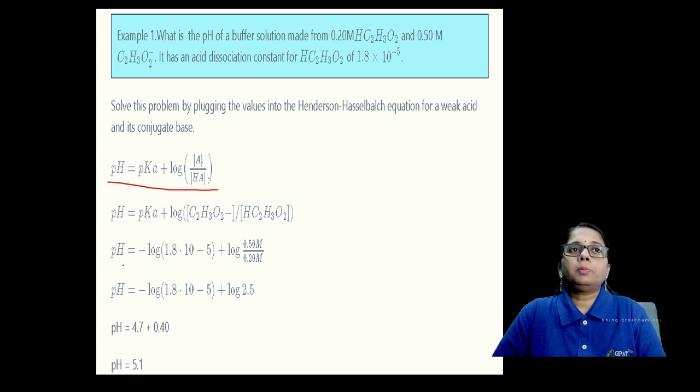So pKa equal to minus log of 1.8 into 10 to the power of minus 5, and it is substituted like this. After calculation with logarithmic tables and sorting out, you are going to get the pH as 5.1.